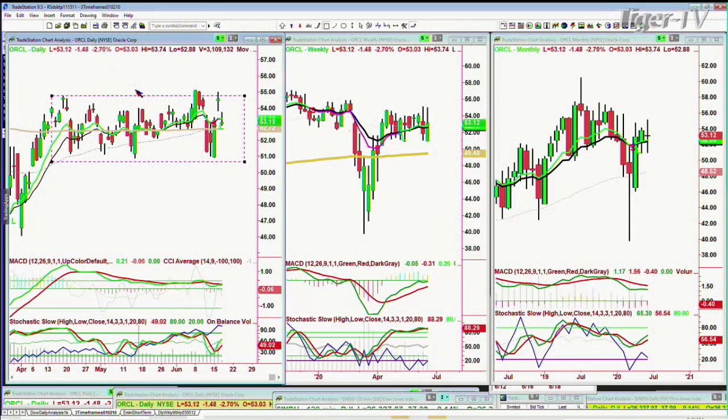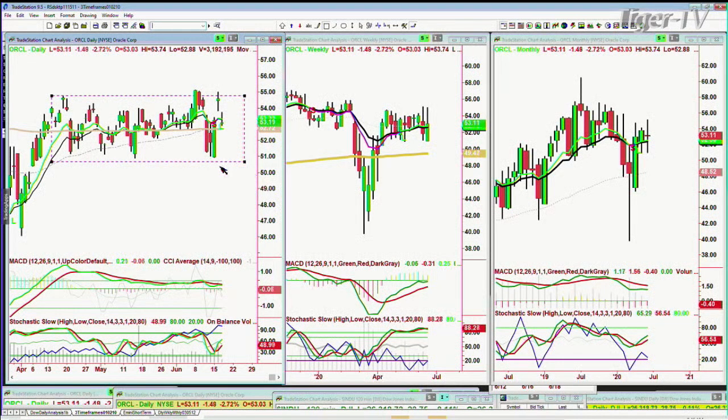Yeah, if I have a break and I have a chance to notate it, I'll notate it. But I just wanted to say it's acting very well, but it's in a high level consolidation. That means it could retest 52 to 51 at any point. But so far, this is very good action, even though it's down today. If you are long, I'd say hold long. But I would say to you that if you're long, you've been holding for quite a while.